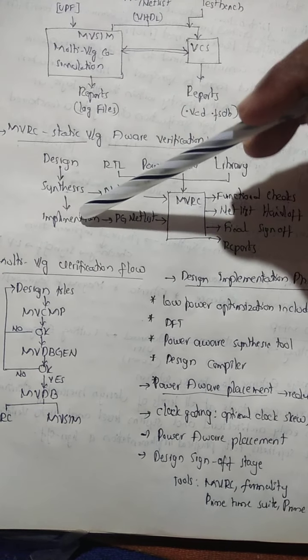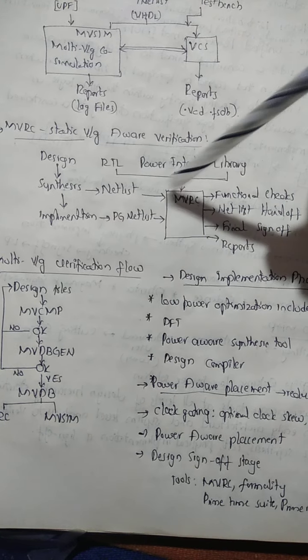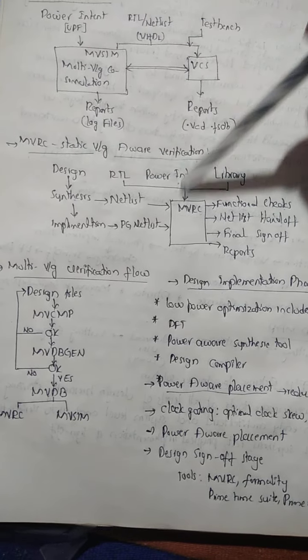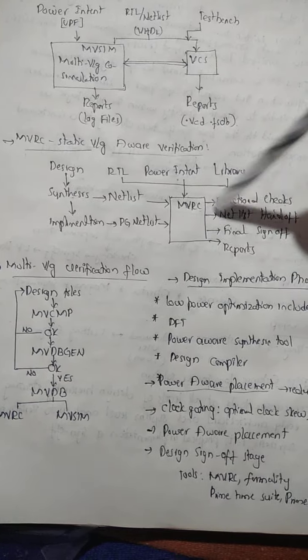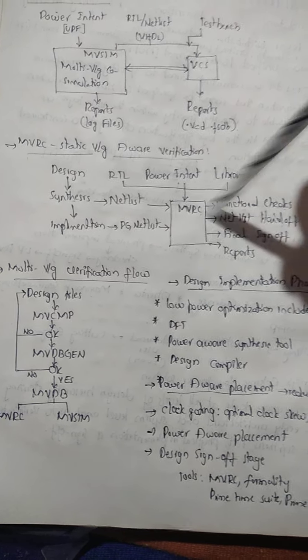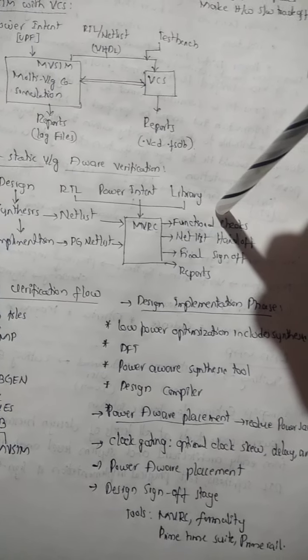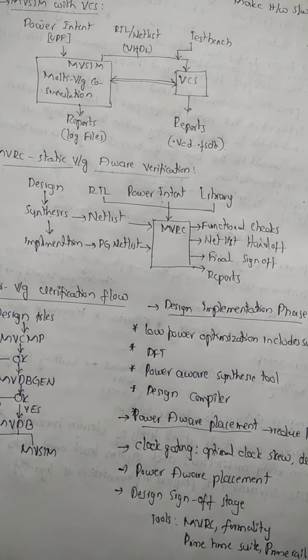After synthesis we go for the implementation. Here we have the MVRC, connected with the RTL, power intent, and the library. The netlist is subjected to this MVRC. The output is the functional checks, netlist handoff, and the final sign off, which we are going to make use of.